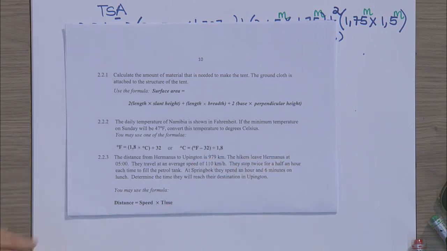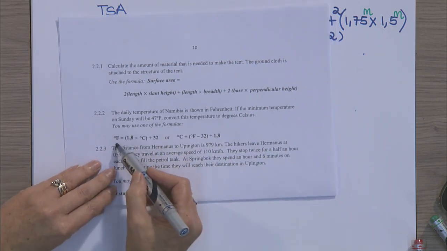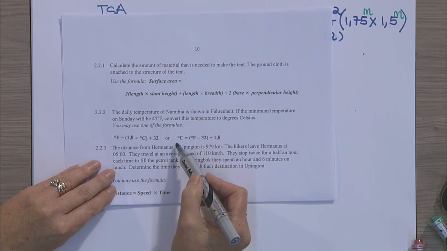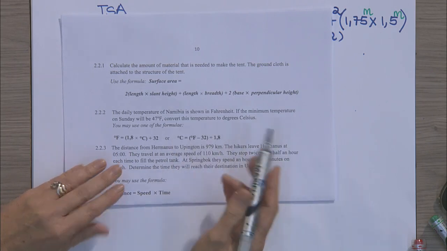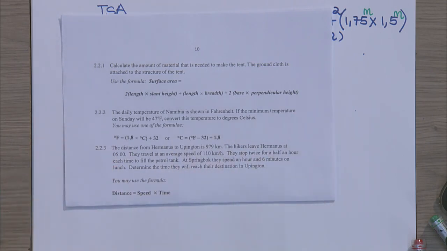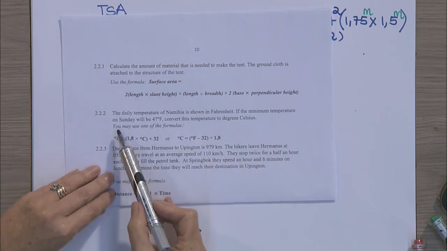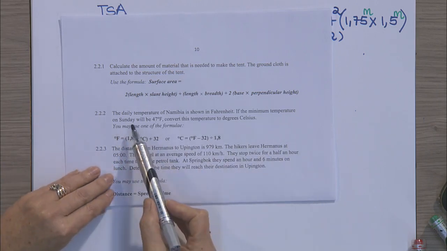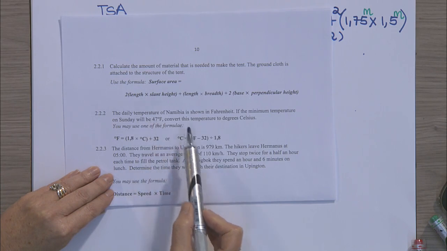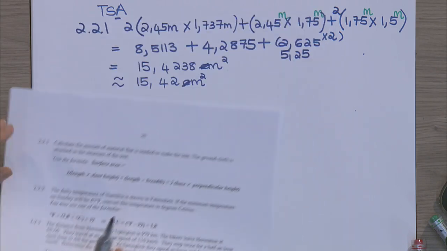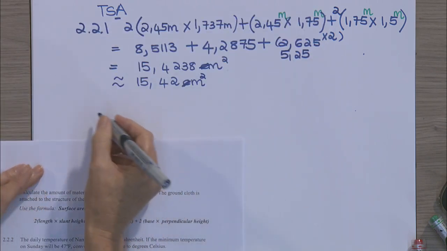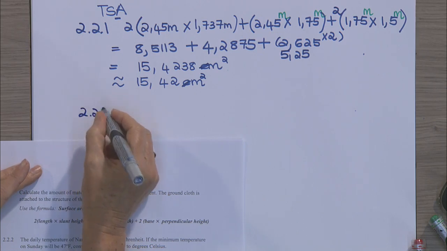They give you two formulas, the degrees Fahrenheit formula and the degrees Celsius formula. Which one do you use? You want to convert from Fahrenheit to Celsius, so we are going to use the Celsius formula.